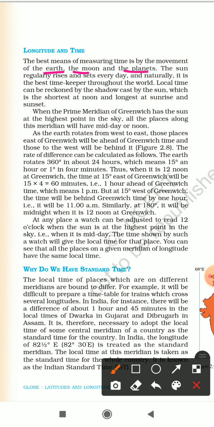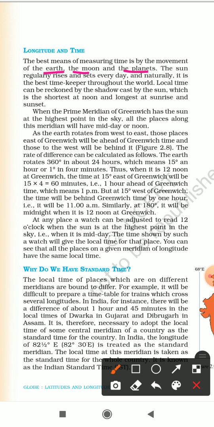The sun regularly rises and sets every day, and naturally, it is the best timekeeper throughout the world. Local time can be recognized by the shadow of the sun; the shadow is shortest at noon and longest at sunrise and sunset.